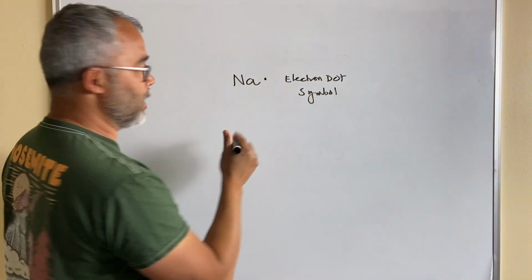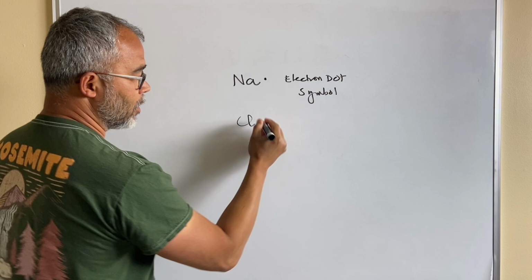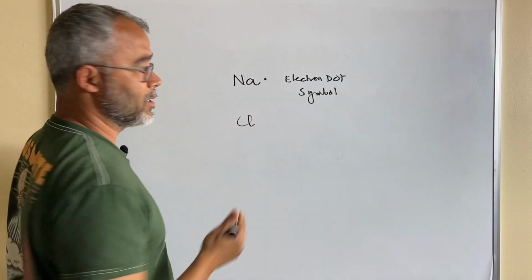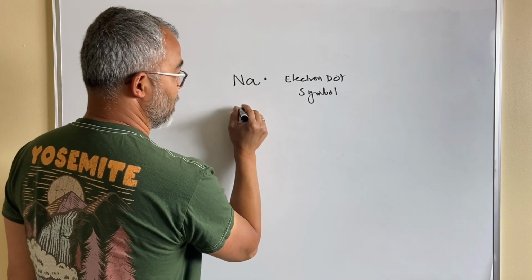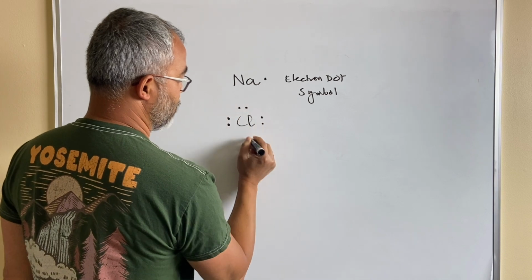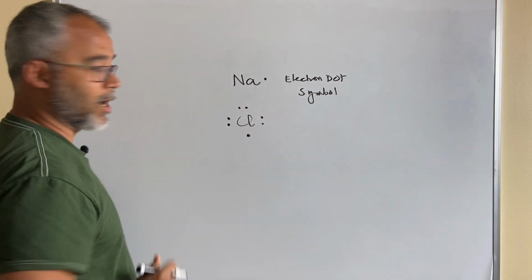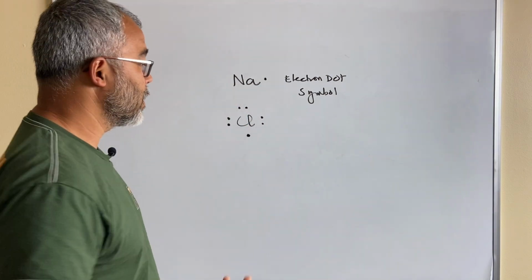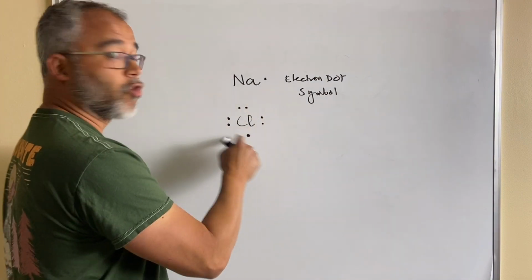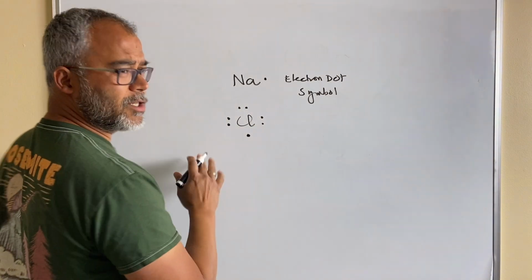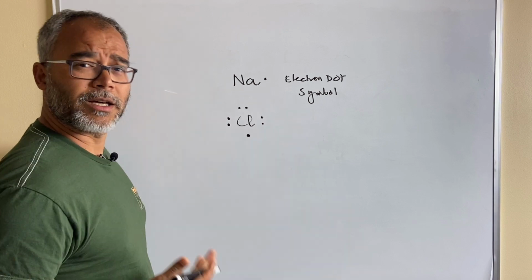So sodium has one, and if you look at chlorine, chlorine has 7 valence electrons. So the electron dot symbol for chlorine would be 7 dots around it. Oftentimes the question arises, how do you draw these? There is no fixed convention of drawing them.